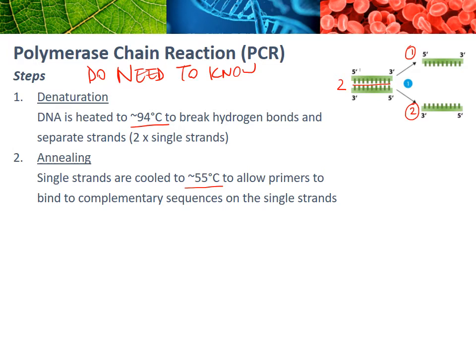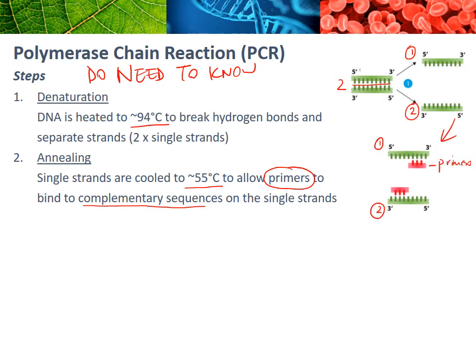And what that does is it allows our primers, which remember are our short little bits of DNA, to bind into the complementary sequences on the template strands. We've got one template strand here and another template strand here, and these here are our primers.